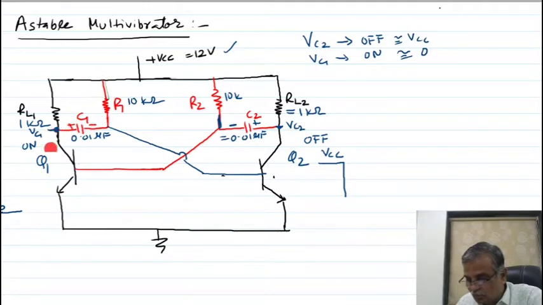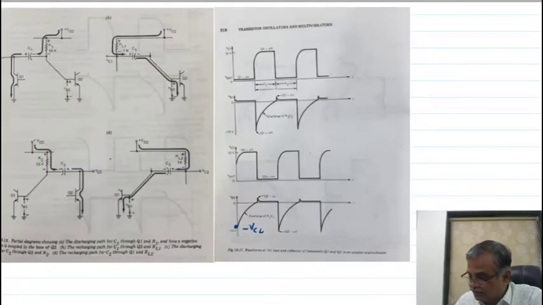Means when this is totally discharged, then look here what will happen. When this is totally discharged, a slightly positive voltage is developed at the base of transistor Q2. As a slight voltage is developed at the base of Q2, immediately transistor Q2 goes from the off condition to the on condition.